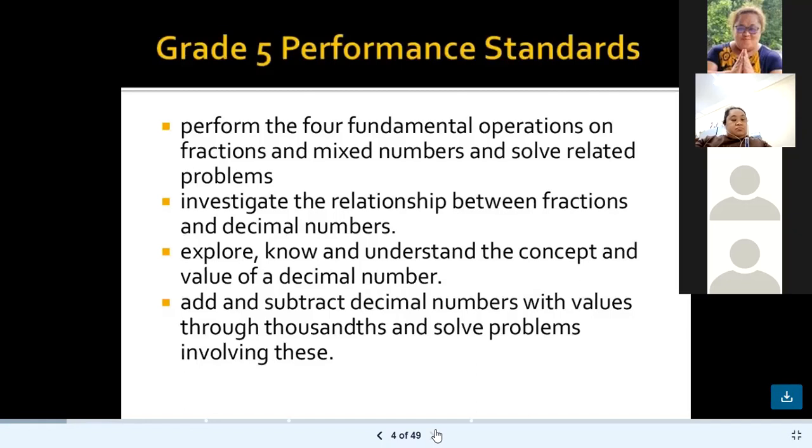So here, you should know and understand how to solve, or the sequence of its concepts, ma'am, so that you can easily know the value of a decimal number. Add and subtract the decimal numbers with values through thousands and solve problems involving this.